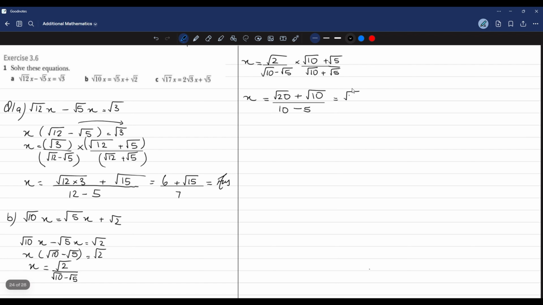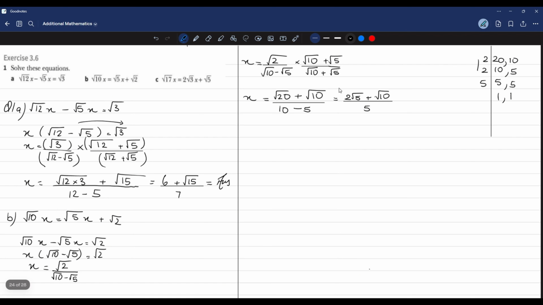Before we simplify, let me take out the factors of the two terms: 20 is 2 times 2 times 5, so under root 20 is equal to 2 under root 5, plus under root 10, which will remain the same, divided by 5. And I guess this is the simplest answer we can get for this one.